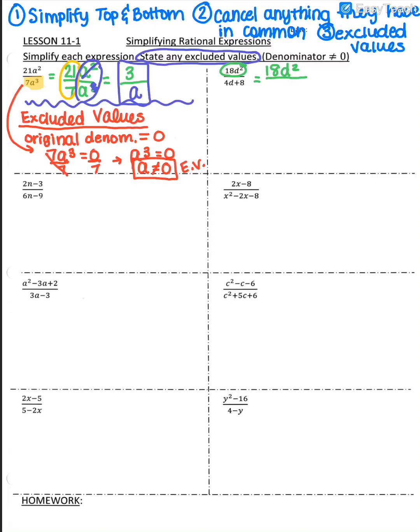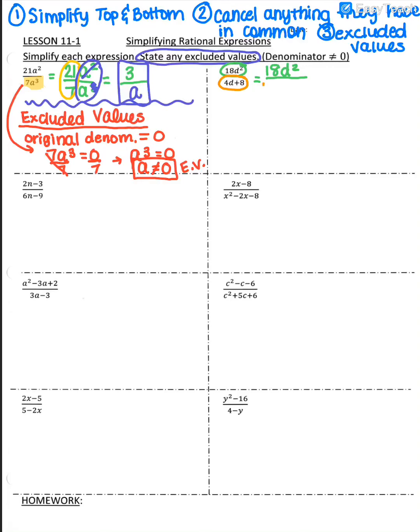Now on the bottom, I do have some things that are being added together, so that'll change this one. On the bottom, I have a 4d plus 8. And if I think about their GCF, it's not going to involve any variables, but their GCF between the 4 and the 8 would be the biggest number I can divide them both by, which is 4.